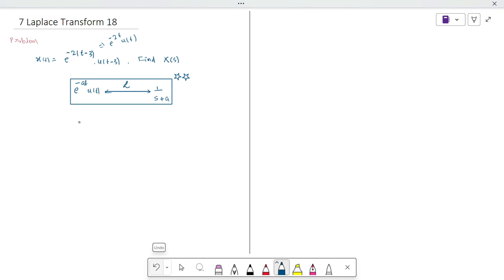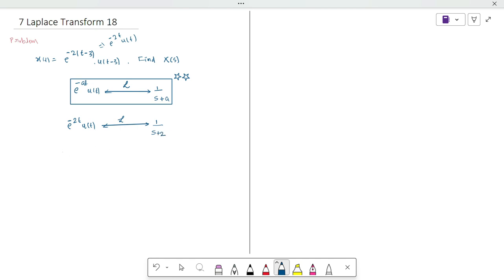So in the time shifting property for a delayed signal, first e power minus 2t u of t has Laplace transform 1 by s plus 2.